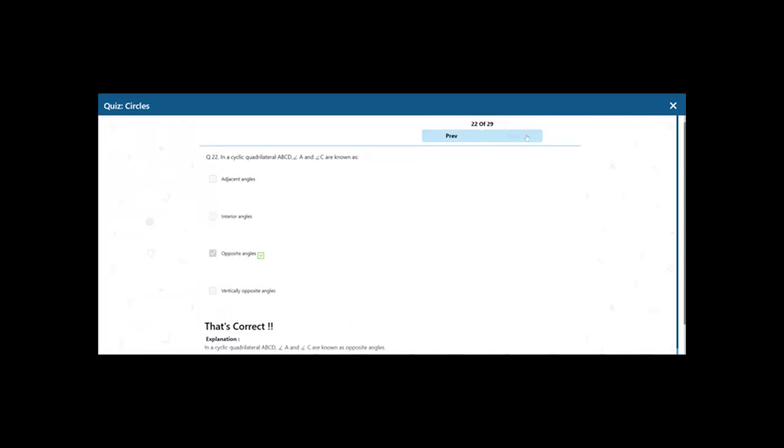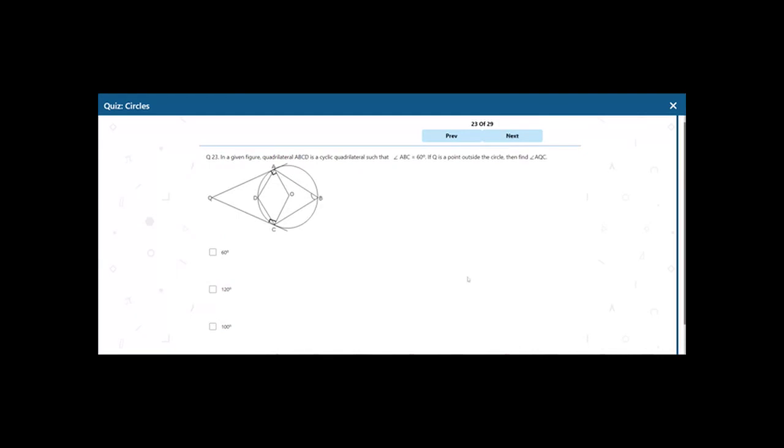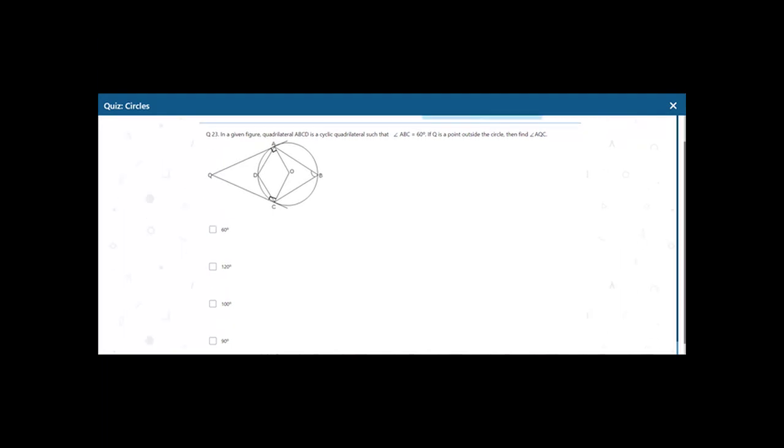Next is Sujata. Sujata, yes, ma'am. You have to answer now. AB 60. Q is outside the circle. You have to find AQC. QAO. ABC is 60.